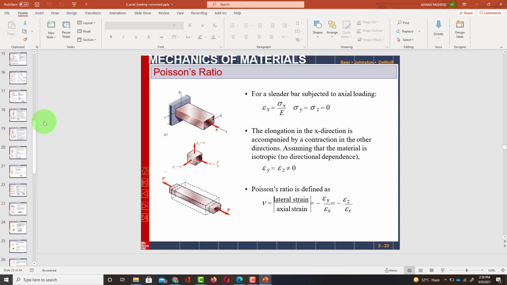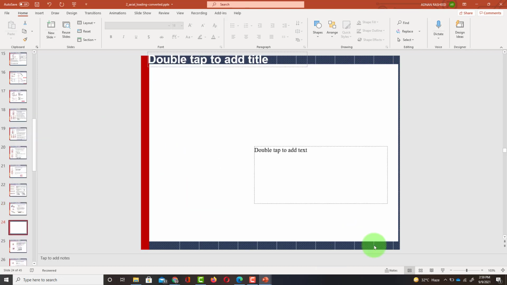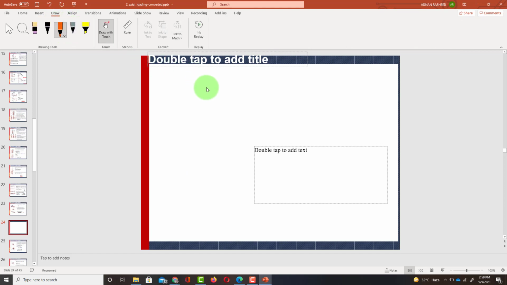Okay. So, for example, if you have a bar, for example, this is the bar. Clear? Having original length L naught, and that is subjected to normal load P. Clear?